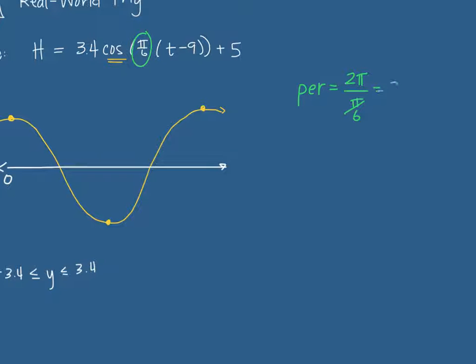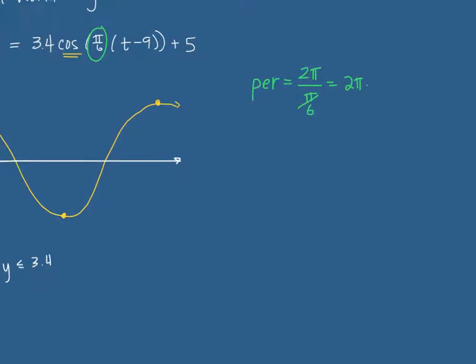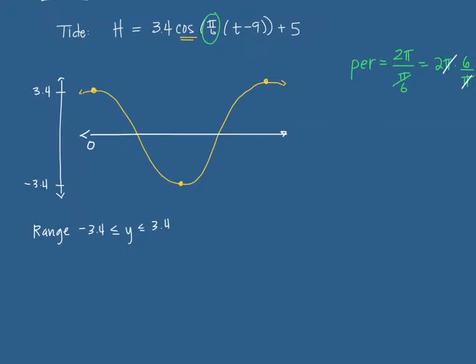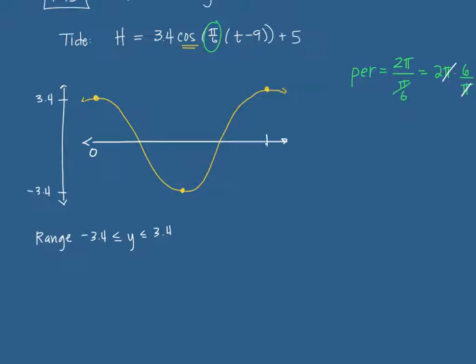Now the math on that, when you divide fractions, is always to multiply by the reciprocal. And so it'll be 2 pi times 6 over pi. And what happens there is the pi values reduce each other, and all you're left with is the number 12, which means your cycle is labeled 0 to 12.